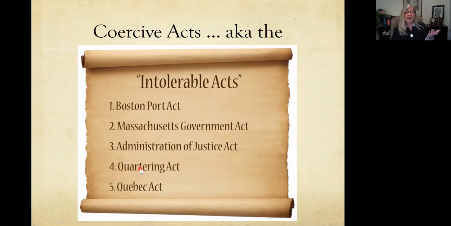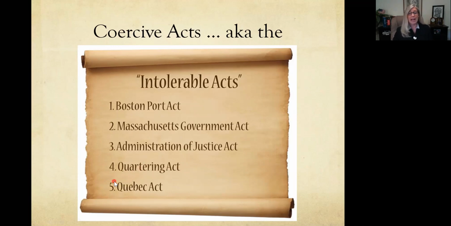Now, we previously had a Quartering Act that said that the colonies were responsible for the financial support for the soldiers who are there. This Quartering Act says that if there aren't enough barracks for all the soldiers who are coming to Boston to get order, then you may have to put them up in your own barn or in your own home. That's going to be an issue as well.